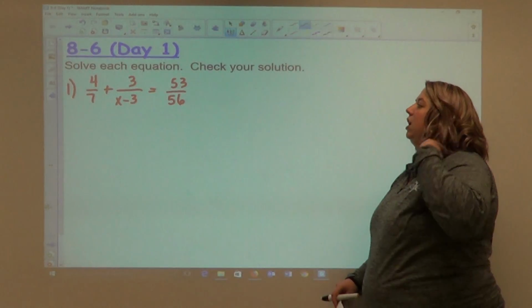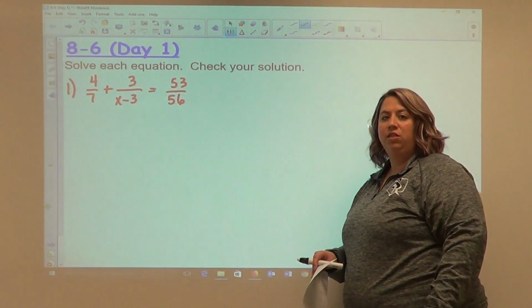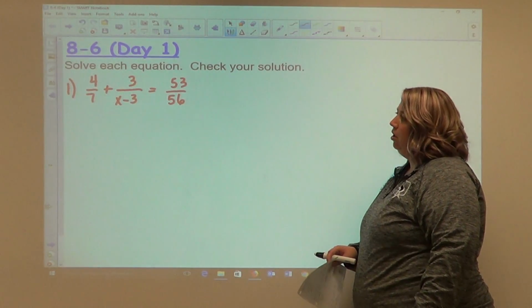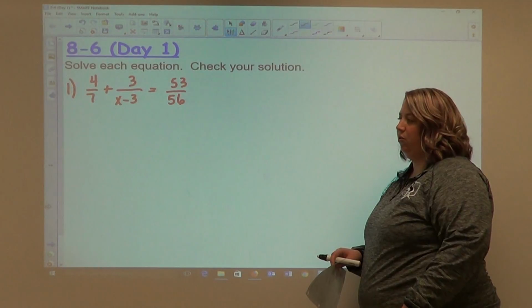You have two options. If you can get it where you have one fraction equal to one fraction, then you can cross multiply. Otherwise, we're going to get them all to be the same denominator and cancel.